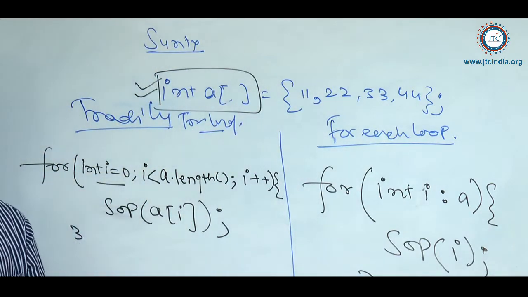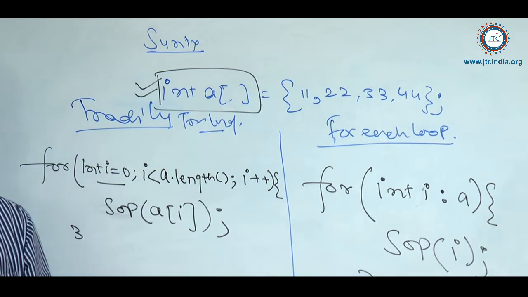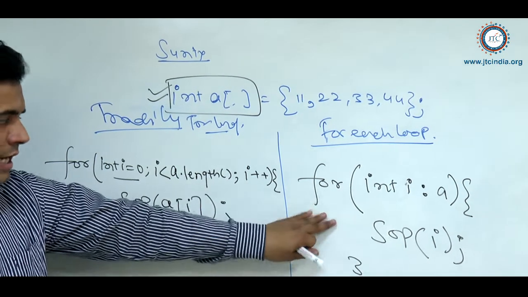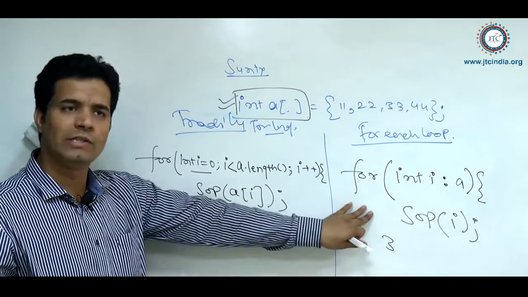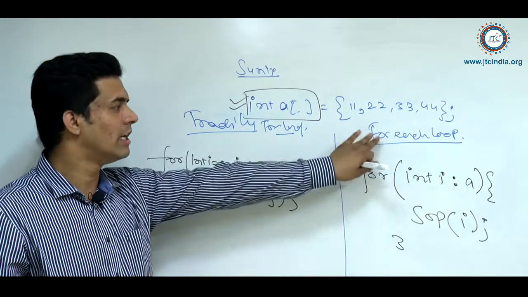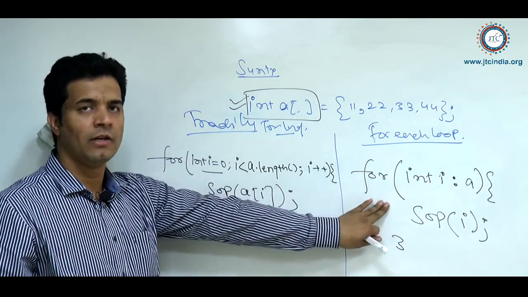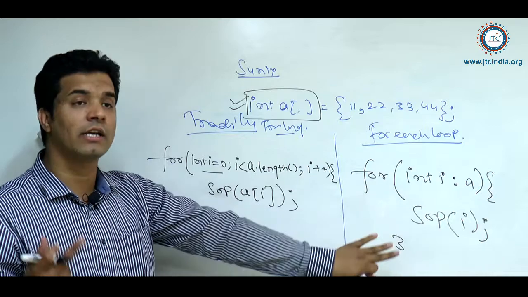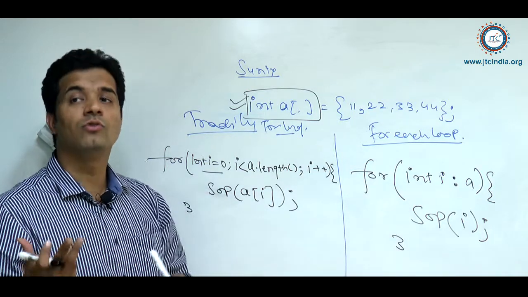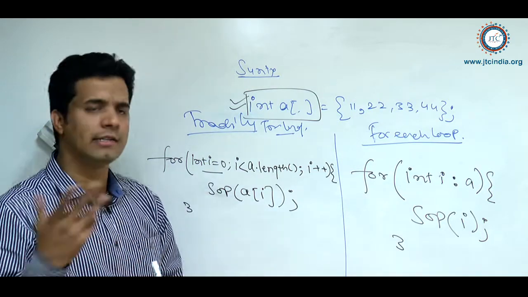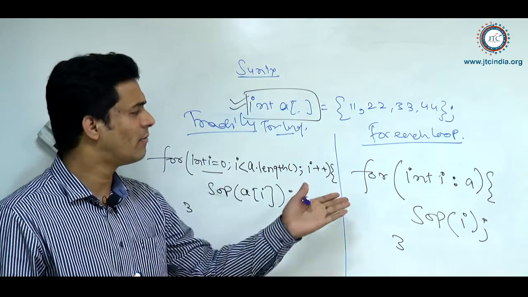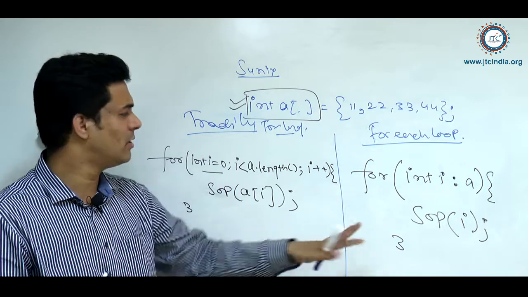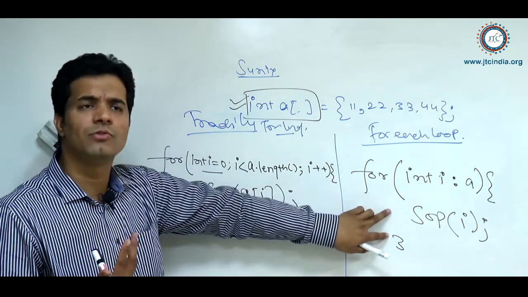This is our enhanced for loop, and this is the traditional for loop. Which one do you feel is better? Quite obvious, the enhanced for loop. This will be used more and more in the case of collections. Even though there are the iterator, list iterator, and other concepts, wherever you get the requirement, it's always recommendable to use it.